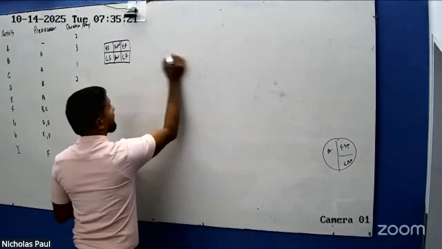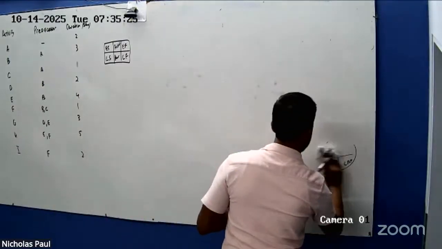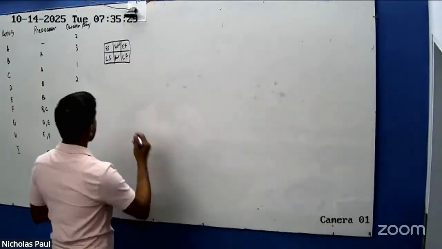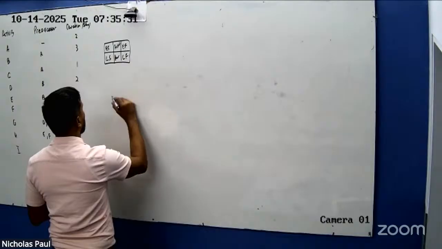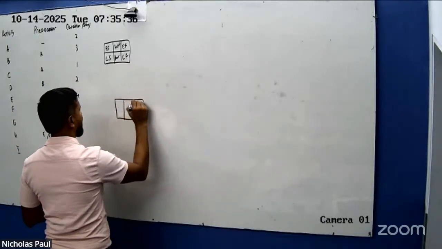Give me 1 second. We're going to fill this one out, so use this one. I know that's the one I have in the note, but I like this version a little bit more. The reason is that this shows you everything.